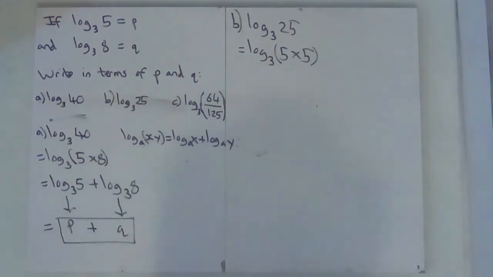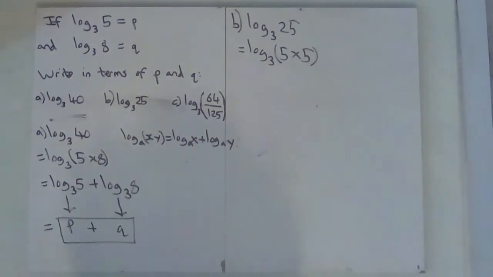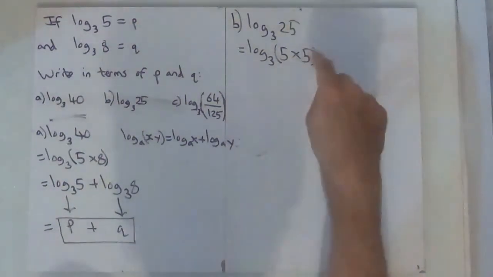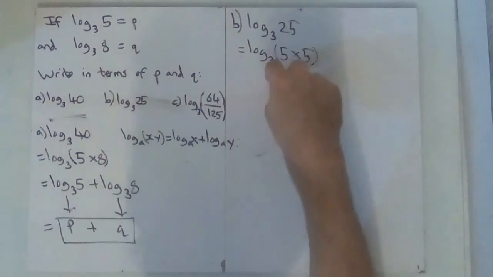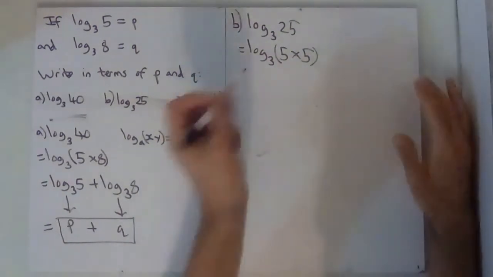To be fair, you could say, well, that's 5 squared and we could use the power law, or we could use the first law again and say this is log base 3 of 5 plus log base 3 of 5 again. So given that I think it's important that you use the power law as well, I'm going to go down the power route.